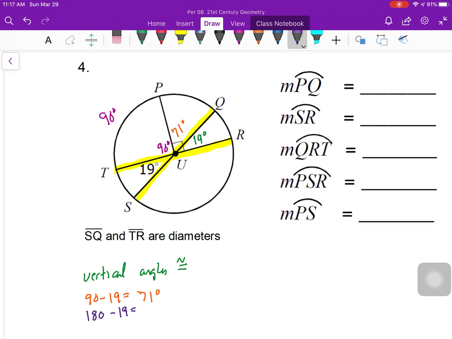I can take 180 minus 19 and get 161. So that's this one right here.